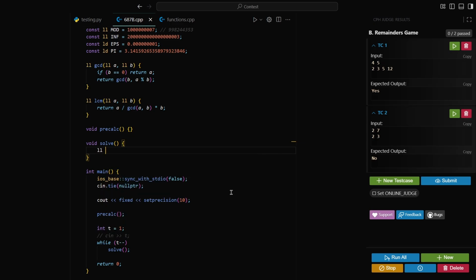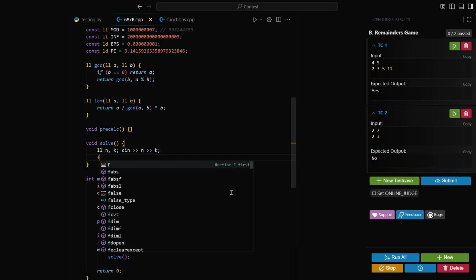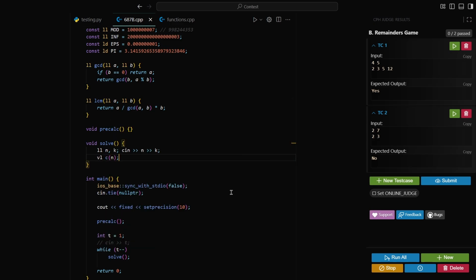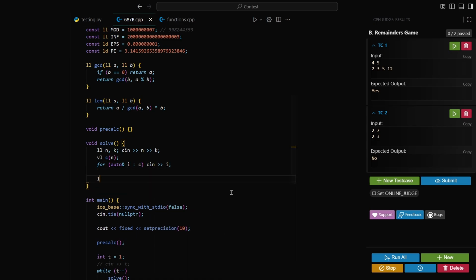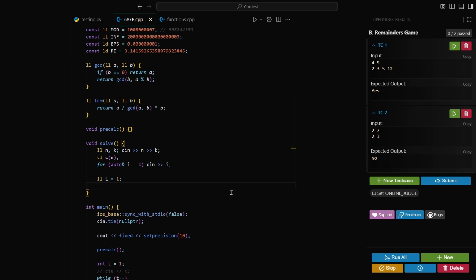Now let's go through our inputs. Next step is we gotta calculate the LCM, because we gotta check if it's divisible by k or not. For that, we'll iterate through the values of CI.